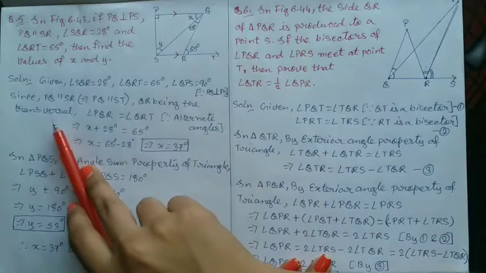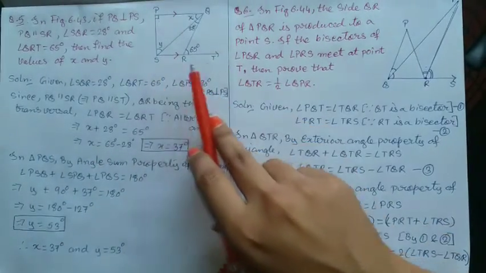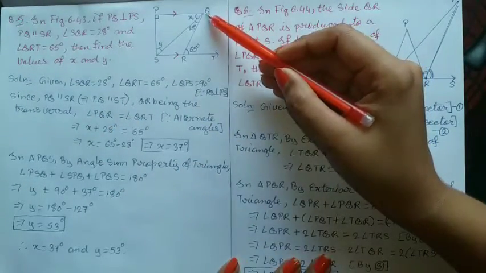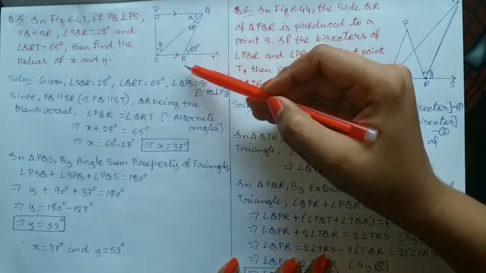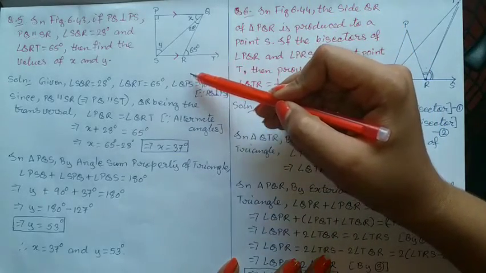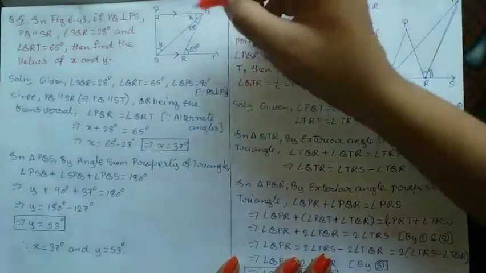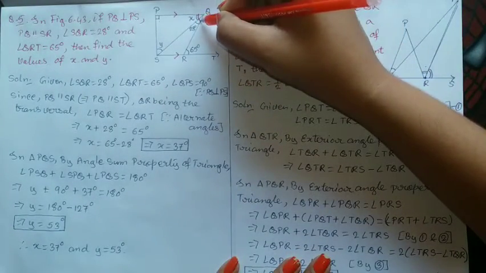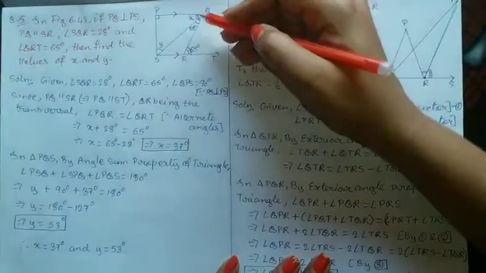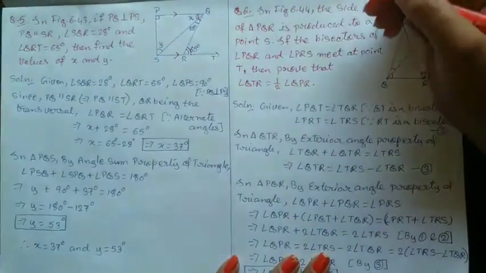Fine. Now we can see that PQ is parallel to ST as it is given. Can we say that QR is actually a transversal? If QR is a transversal, then we can easily say that this angle here is equal to this angle. So these two angles are equal.